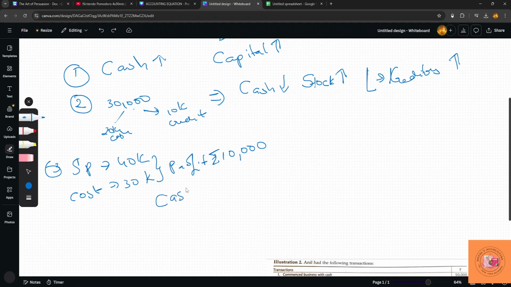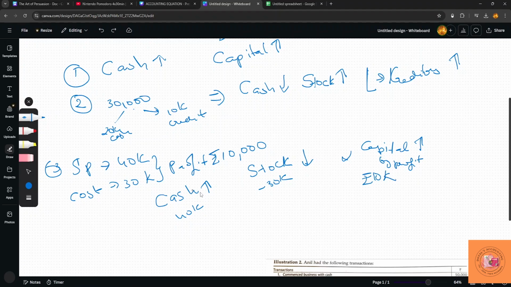First of all, cash. Our cash will increase by 40k, and our stock, since we have sold all our goods, that will go down, and our capital will increase by the profit worth rupees 10k. Got it?